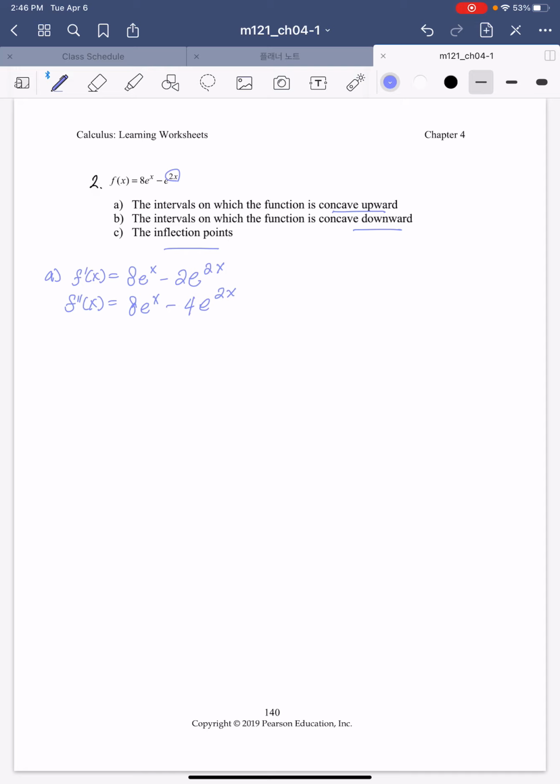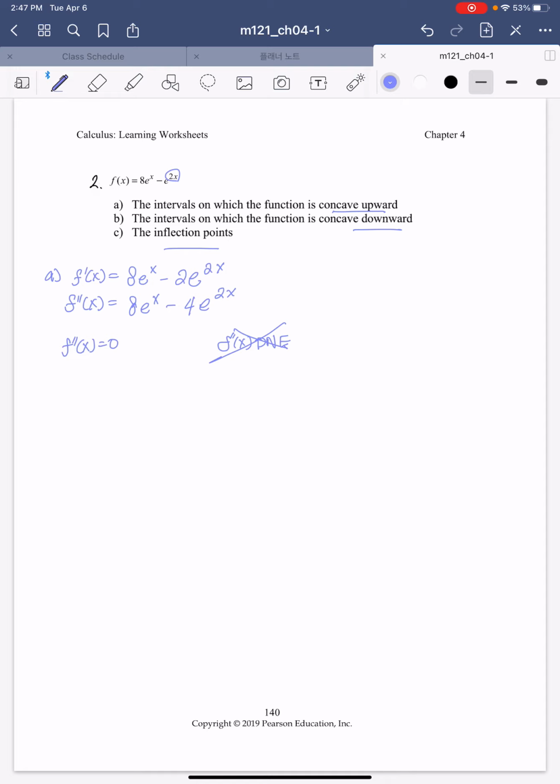There are two possible ways you can find the inflection point: double prime equal to 0, and double prime where it does not exist. The e function's domain is all real numbers, so we do not have to worry about not existing. So the only case is the first one, where the second derivative equals 0.